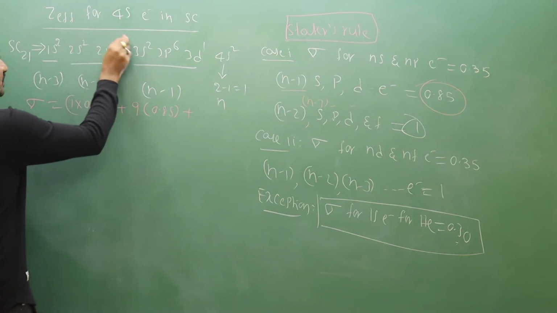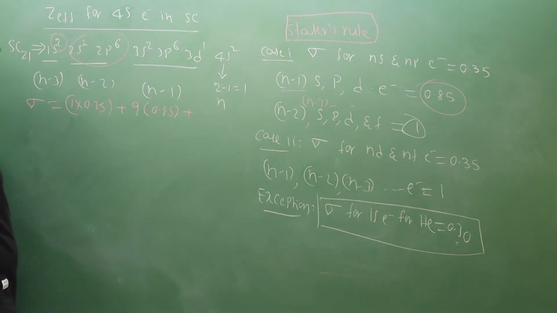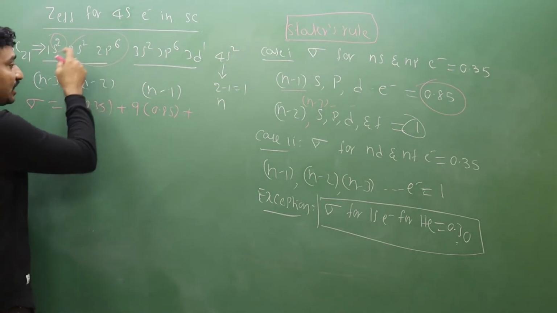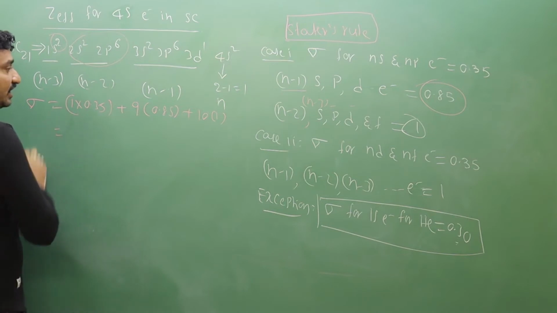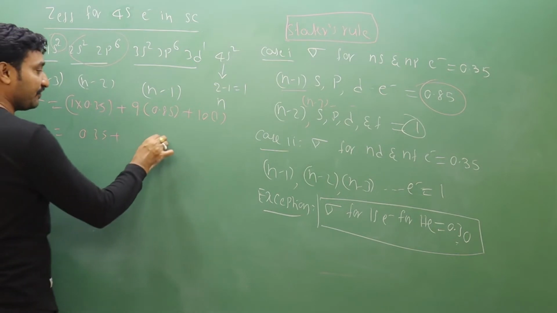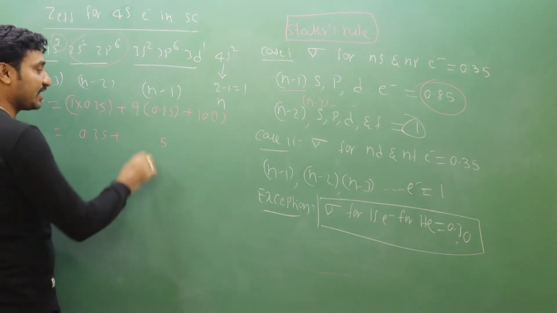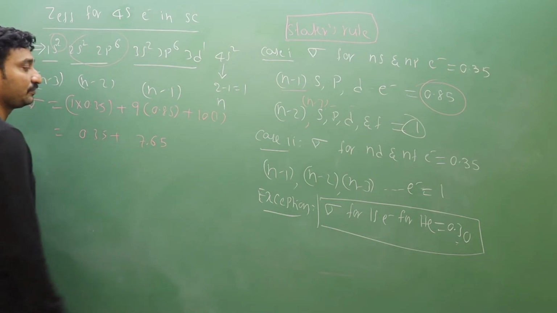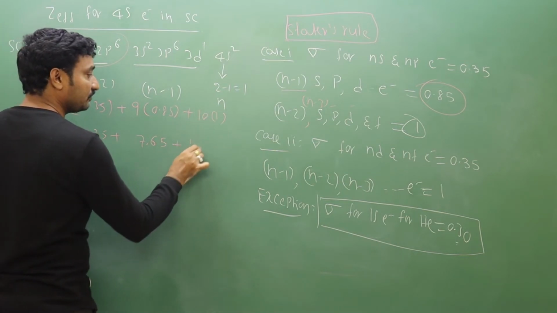Here how many electrons are present? 8 electrons. Here 2 electrons. 8 plus 2, 10. For n minus 2, n minus 3, n minus 4, the sigma value is 1. So a total of 10 electrons, 10 into 1. That is equal to 0.35 plus 9 into 0.85, which is 7.65, plus 10.